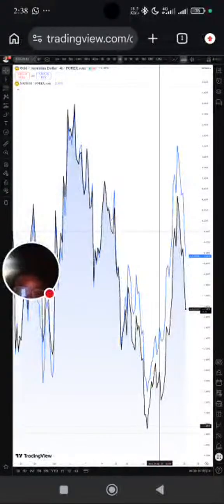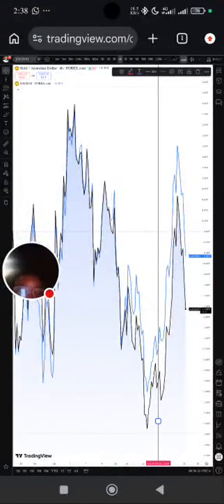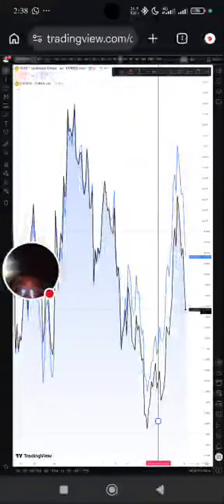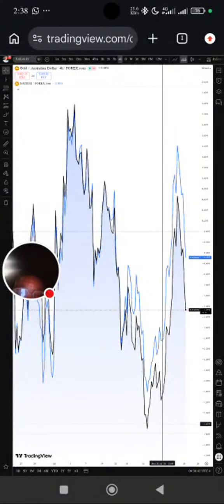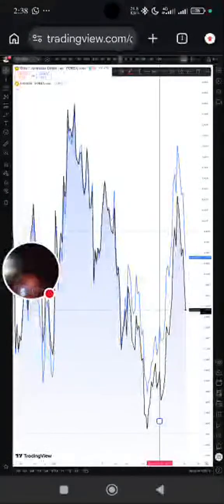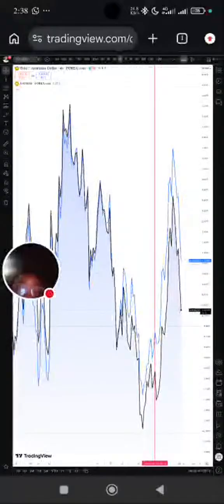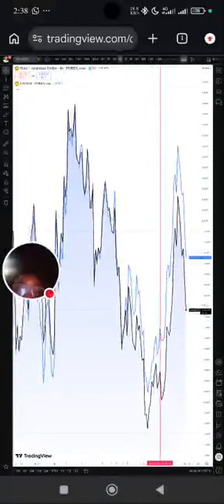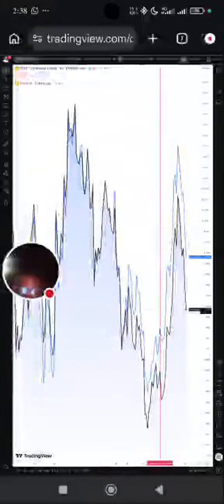So we analyze our pairs, we analyze some other things which is beyond this live stream, right? So when everything is aligned, that is when we are taking the trade, and we are absolutely confident that whenever we take the trade, we will close on profit, right?